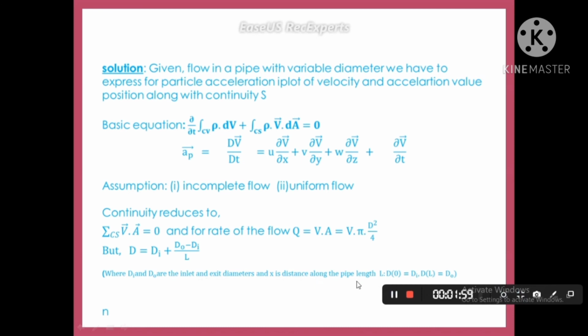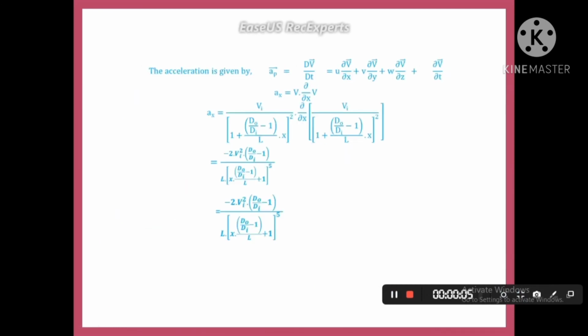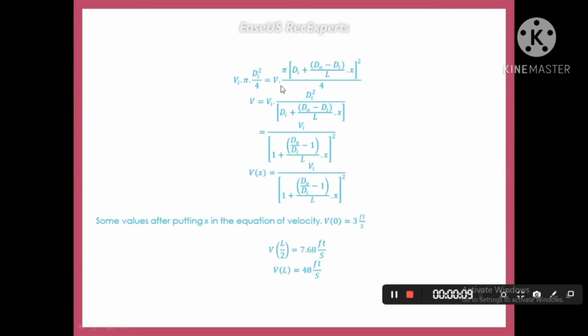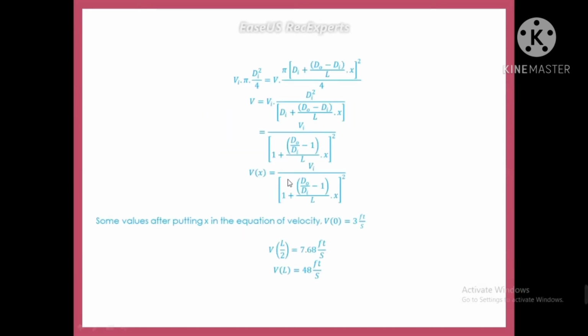After calculating Vi times pi di square by 4, we get Vx equal to Vi divided by 1 plus (d0 by di minus 1) by L into x, whole square.